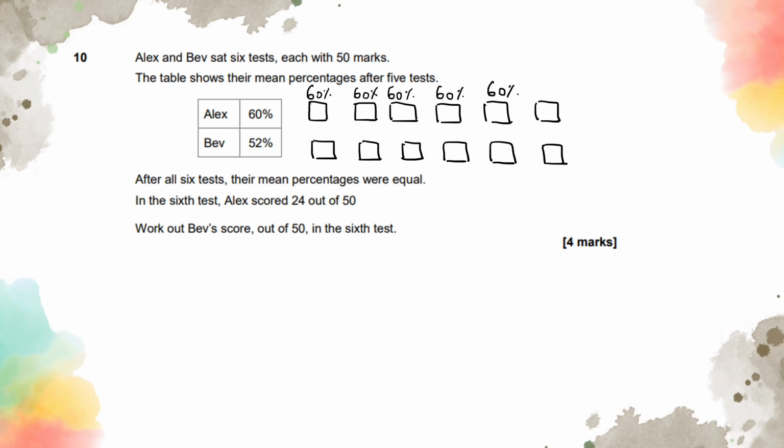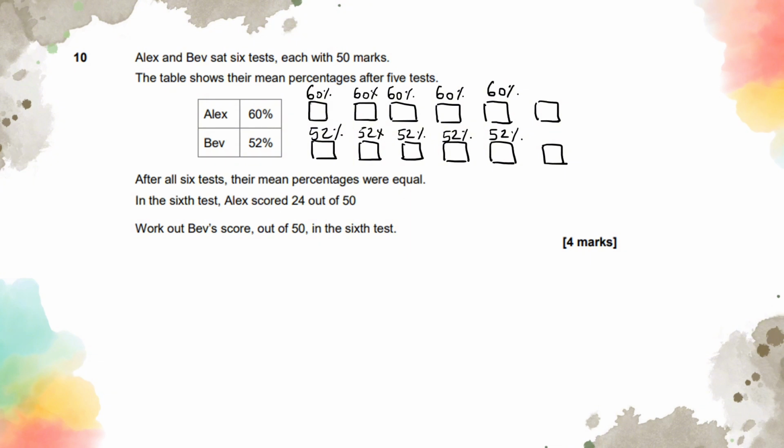Okay, this person here is going to be 52%, 52%, 52%, 52%, 52%. The percentage average for both of them once they did the 6th paper is going to be the same.